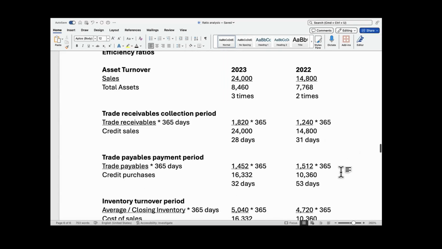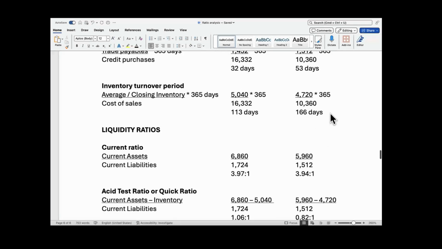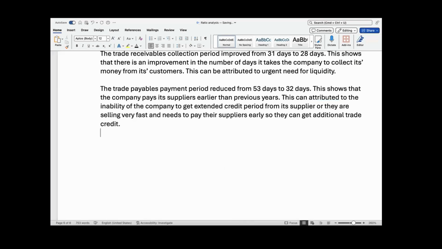Then the next one is the inventory turnover period. That also improved fantastically, because that means it takes them shorter days to sell their inventories now, from 166 days to 113 days. So let's talk about that.